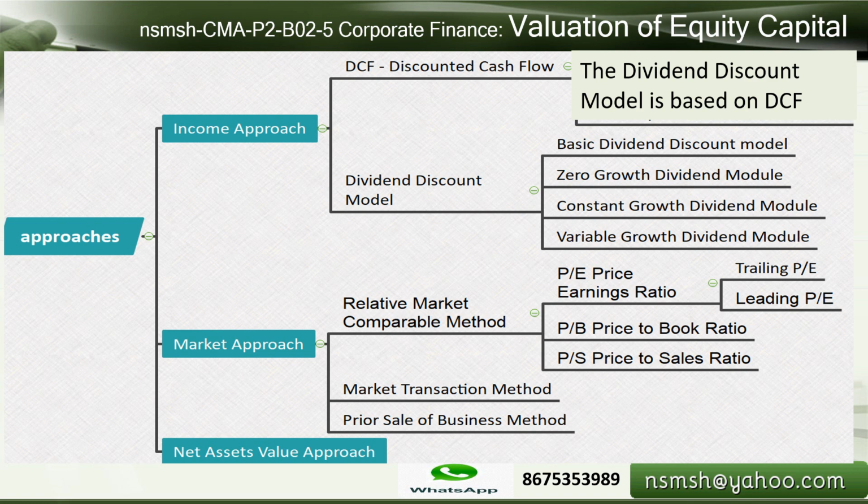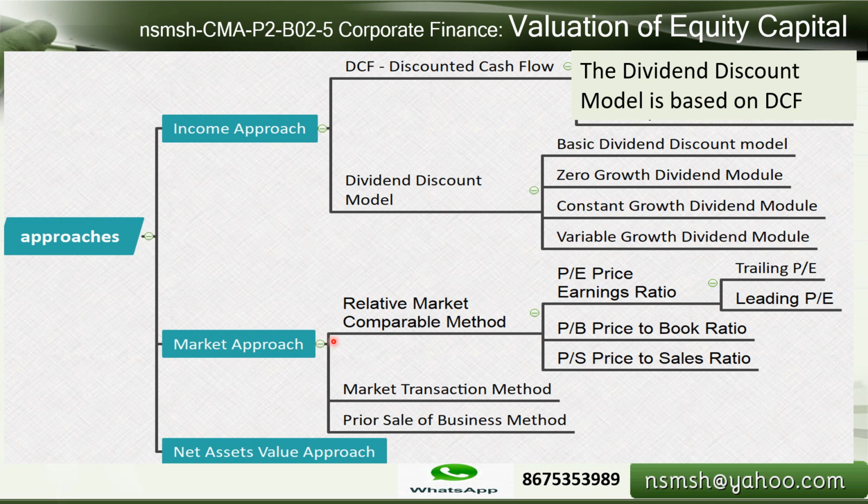Okay, the discounted cash flow, and based on that, the dividend discount model is based on the discounted cash flow. So the dividend discount model has the basic dividend discount model: zero growth dividend model, constant growth dividend model, and variable growth dividend model.